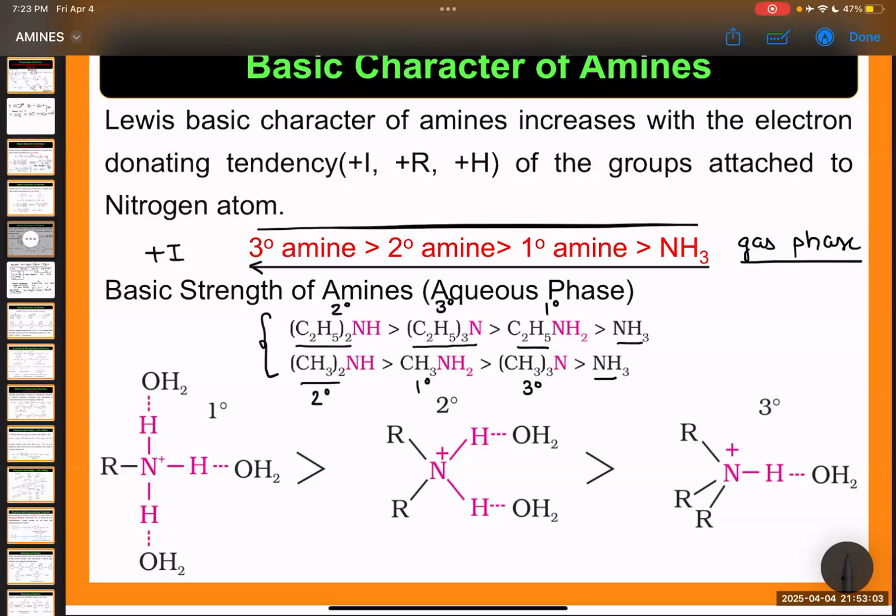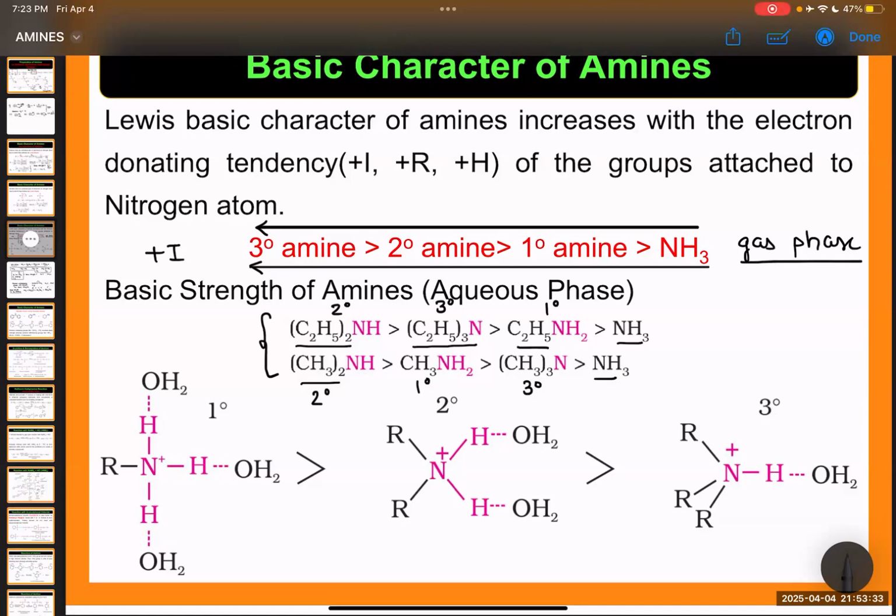If no hydrogen bonding was there, it meant that the more the plus I, the more electron rich the nitrogen will be, and the more basic it will be. So I hope this is clear. Got it? Yes, sir. But in water there are two opposing factors.